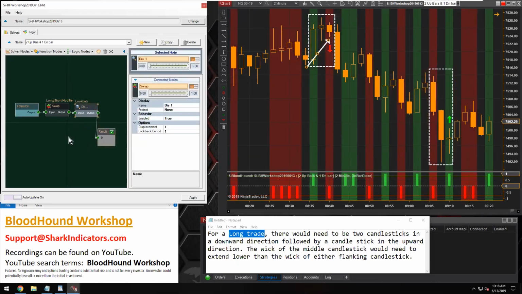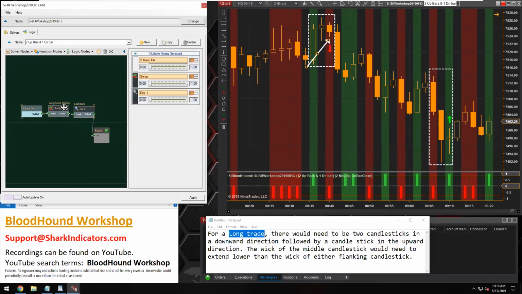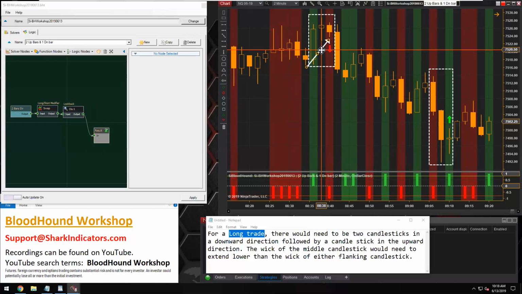So if I plug that in, and let's start moving some stuff back here a little bit. And now if we look at the chart, there we go. So these two up bars, the output was reversed or swapped to a short and then pushed onto the next bar here.